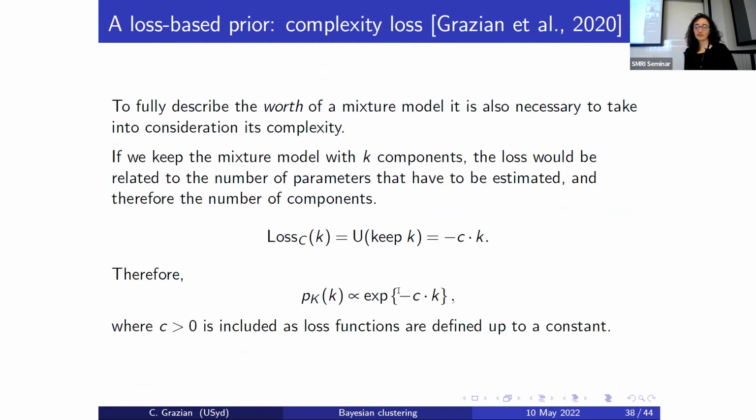On the other hand, the complexity loss function is more important. We can define a complexity loss function just as a linear function of the number of components, which makes sense if the number of parameters is fixed for each component. If we use components from the same distribution family, they will have the same number of parameters, so we can use a linear function.